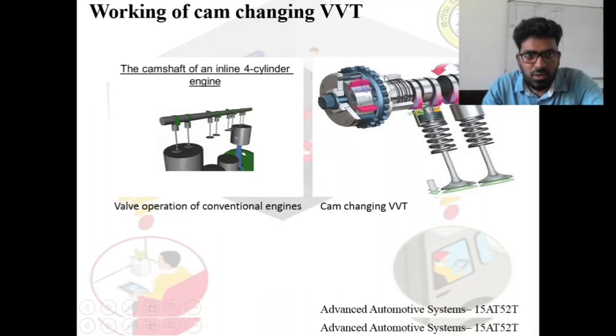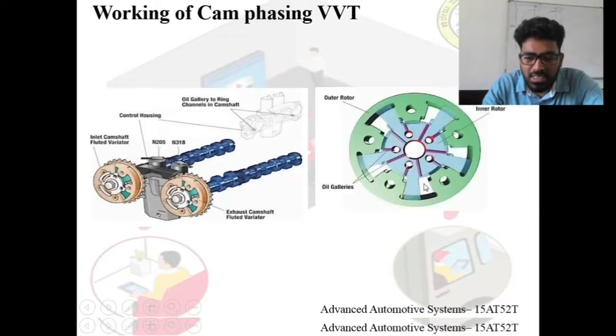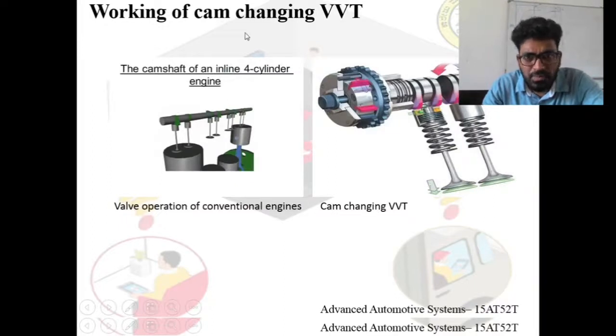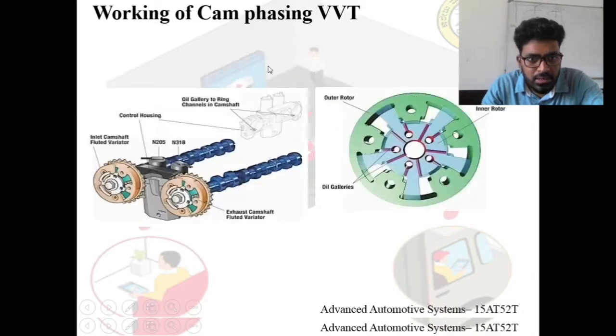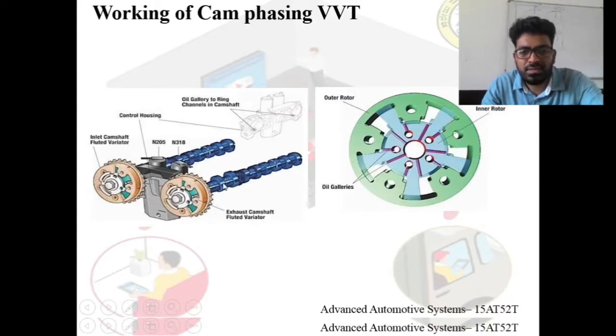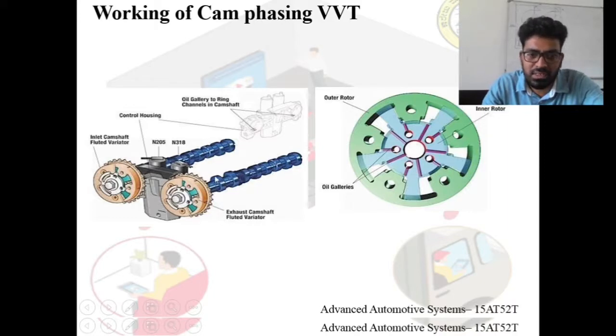So what is the difference between these two? For cam changing, for one valve operation they use two or three cam profiles. Here, for one valve operation only one cam profile is used, just like a conventional engine.